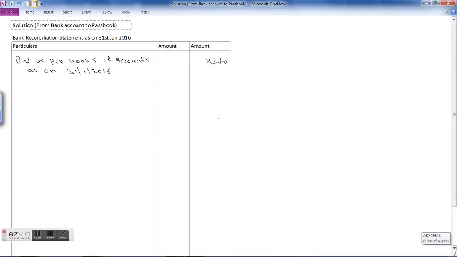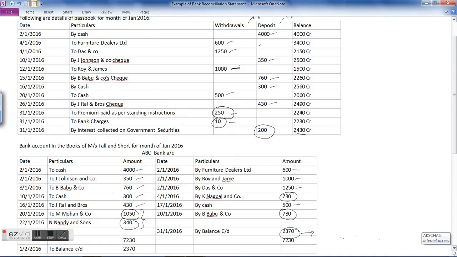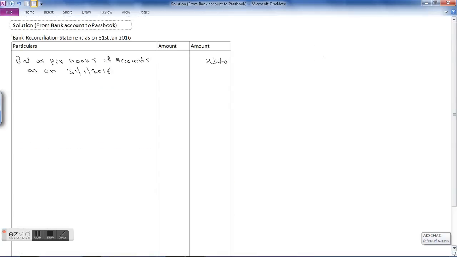What has happened here is premium paid rupees 250 and bank charges have been debited to your bank statement, but the same entries are not done in your bank account. So we'll do a rough work. First we'll put bank statement, bank account, since we are going from bank account to passbook.